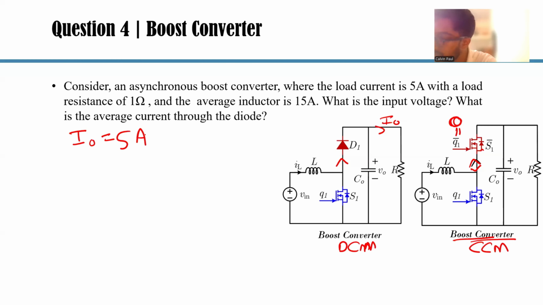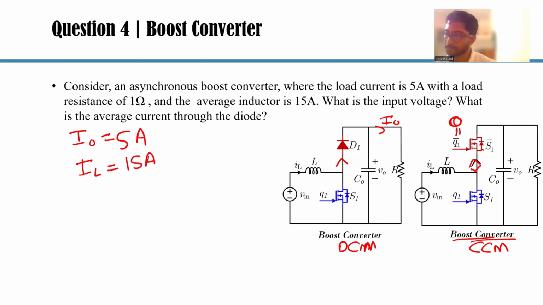Then you have your average inductor current, IL, equal to 15 ampere.